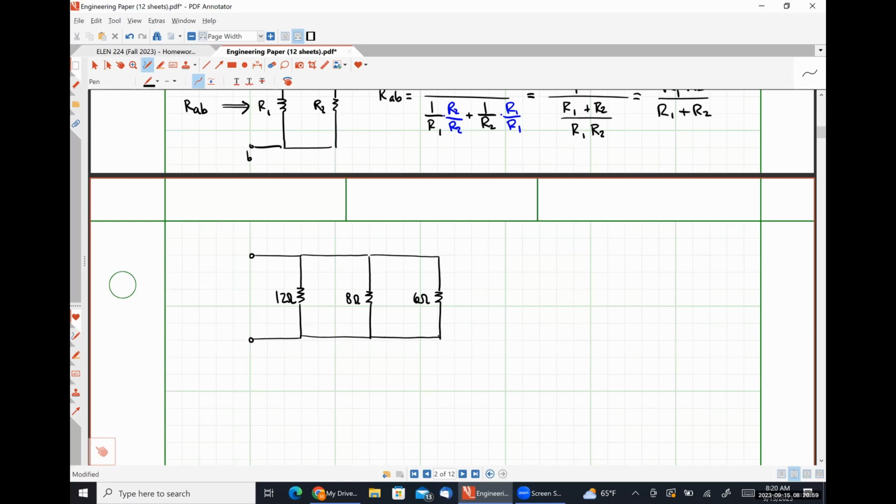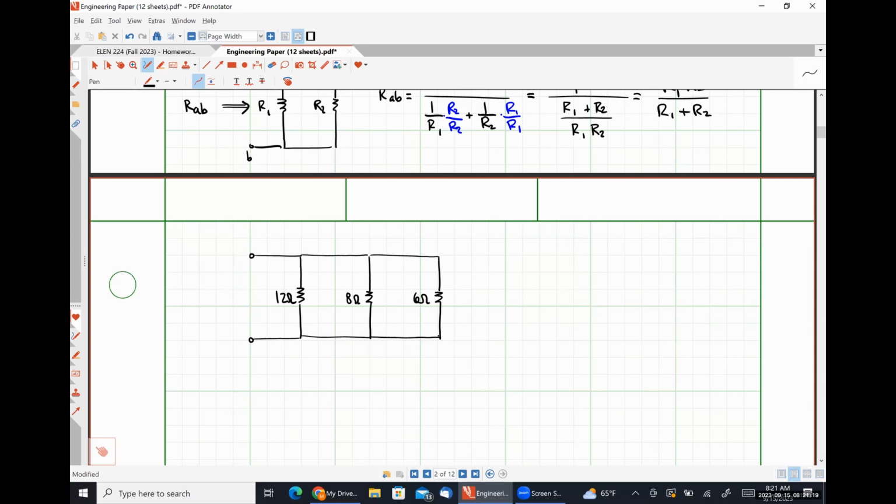So what I could do is combine any two of those resistors into a single equivalent resistance, and then take that equivalent resistance and combine it with the other resistance using that equation that only works for two things. So let's start by combining the 12 and the 8, right?